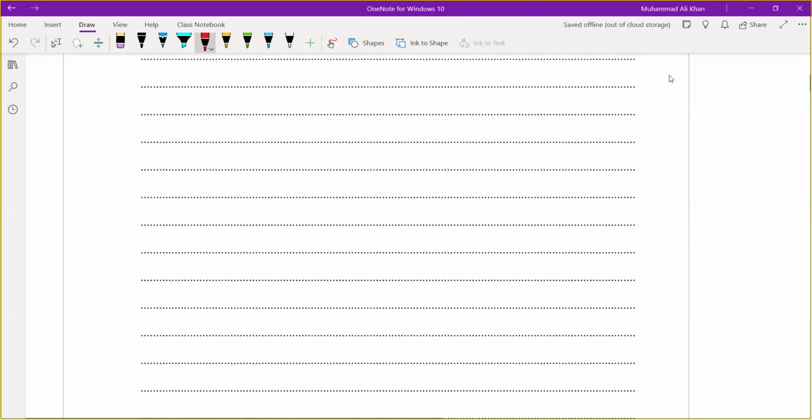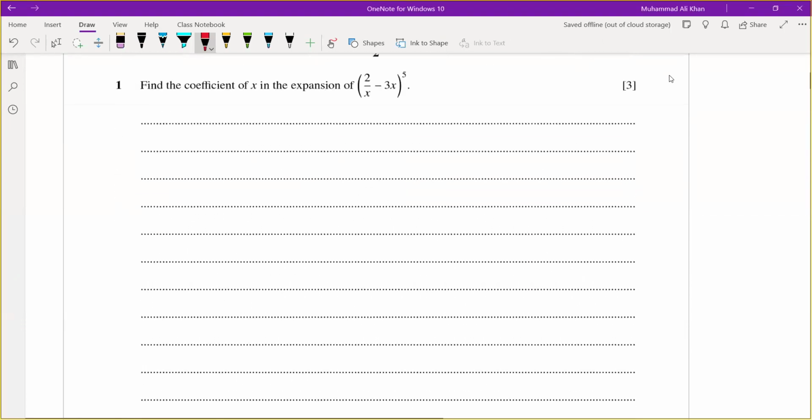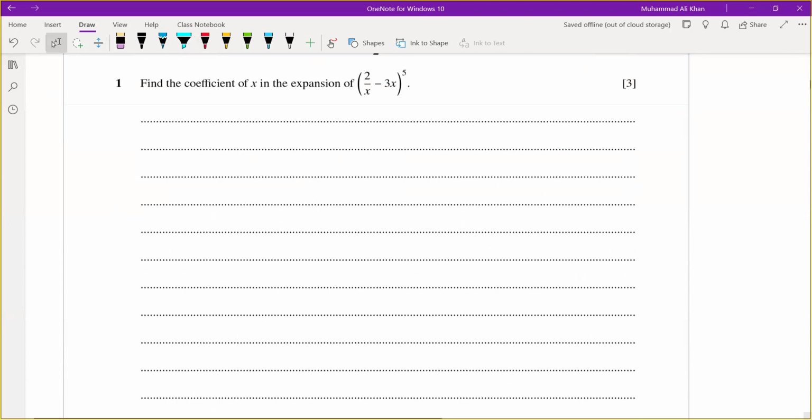Now, question number 1. What we have in this question number 1? Question number 1 is the question of binomial. Find the coefficient of x in the expansion of the given bracket.